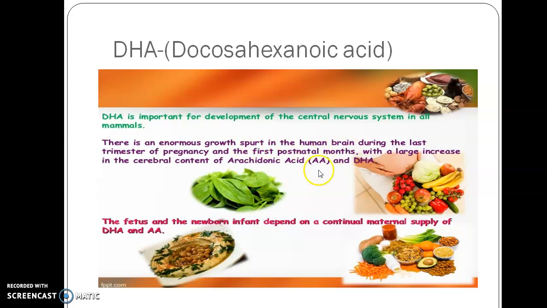So the brain development of the fetus will be in the last trimester, that is the last 3 months, the 7th, 8th, 9th month, and also after the birth, that is the first 3 months, with a large increase in the cerebral content of arachidonic acid and DHA. So at that time, the fetus and the newborn infant need a continuous maternal supply of DHA and arachidonic acid.